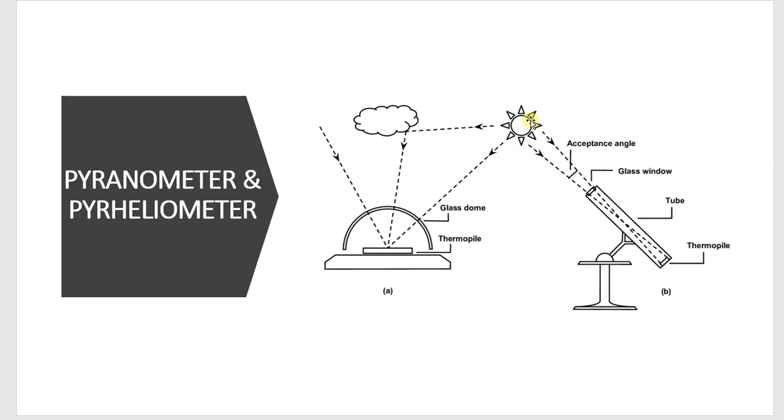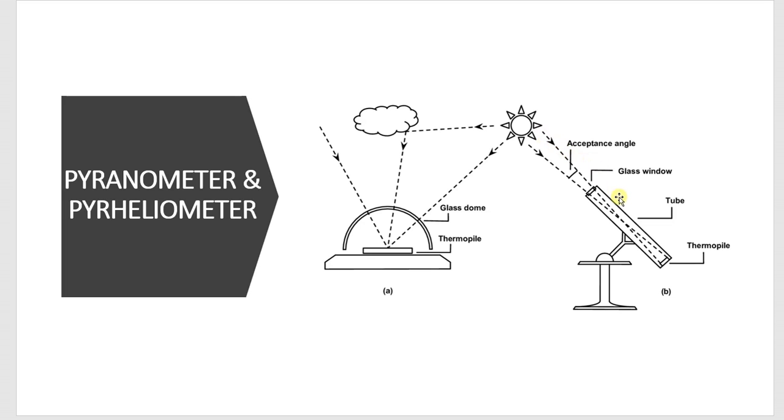Suppose this is the sun. The direct radiation enters the pyranometer. The reflected radiation also falls into it. The scattered radiation from other directions also enters the pyranometer.